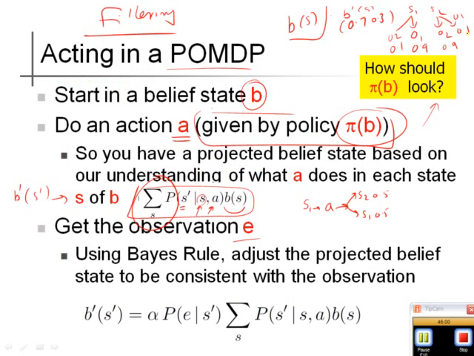That update has to be done. Now, how do we do that update? It is essentially the classic Bayesian update.